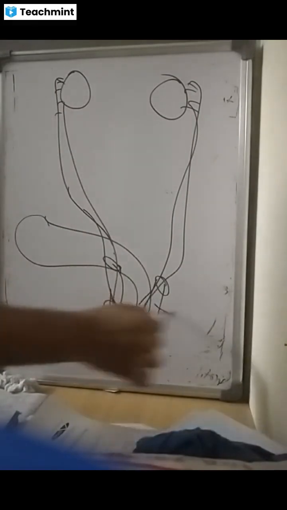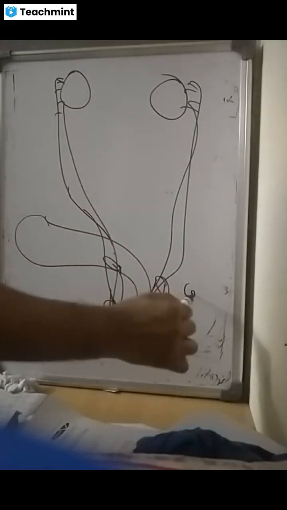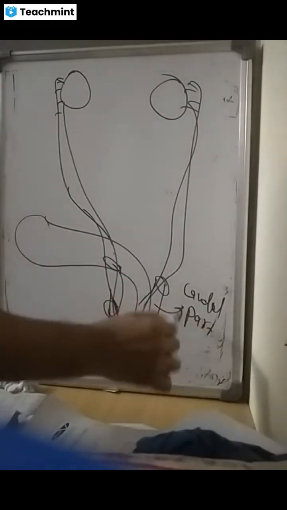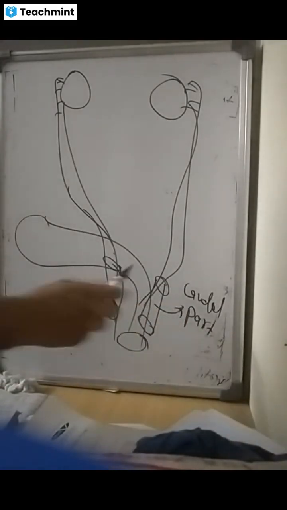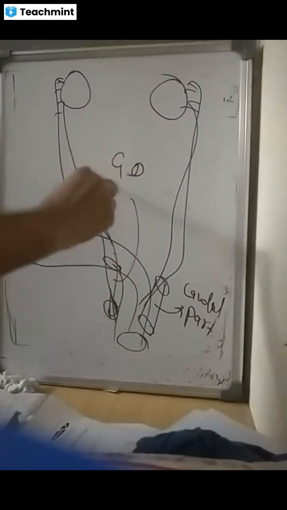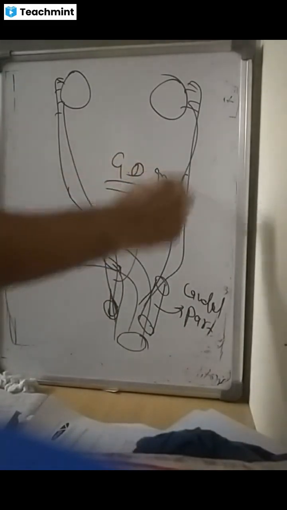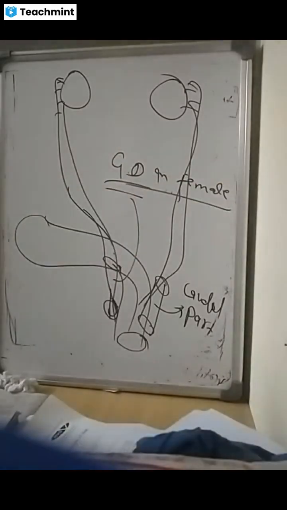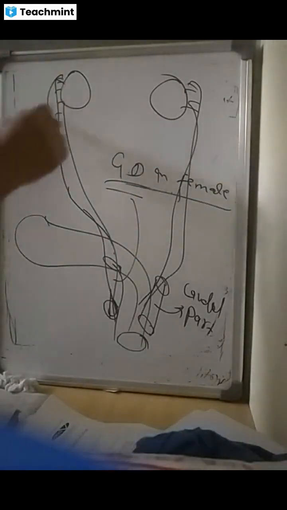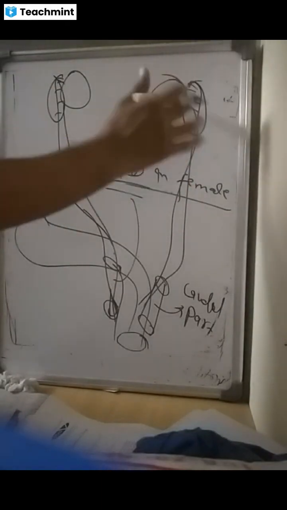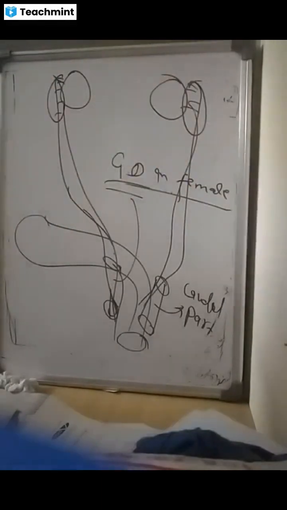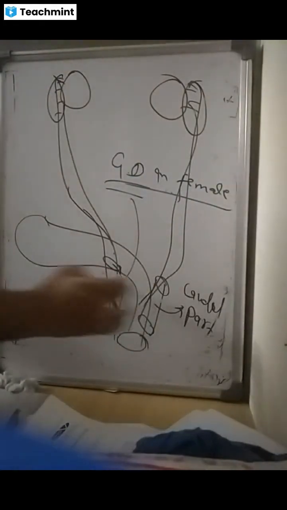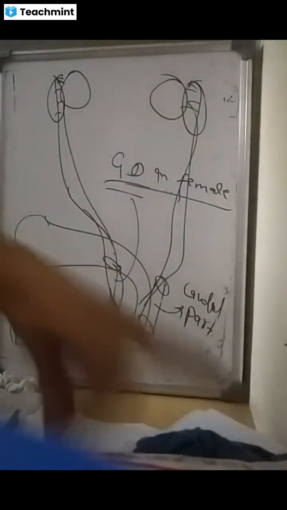This caudal part of the Wolffian duct remains as the Gardner duct in case of female. And this cranial part will become some other remnant, and the caudal part will become Gardner's duct.